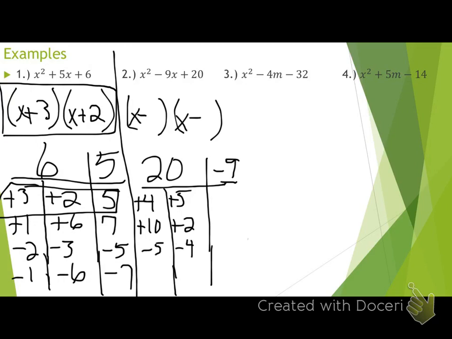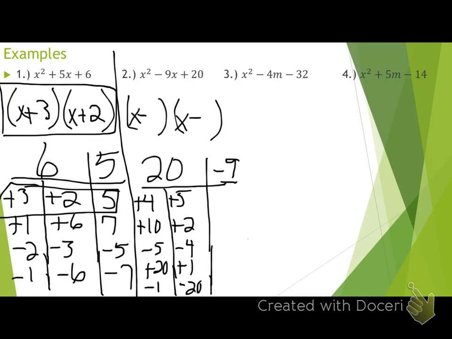What else? Positive 20, positive 1. Negative 1, negative 20. Negative 2, negative 10. I'm running out of room, so I'm not going to write it, but you can write it on yours. And is that it? Yeah. That's it.